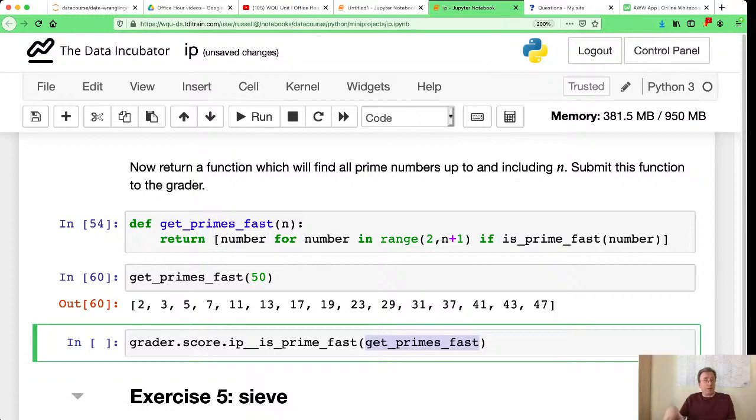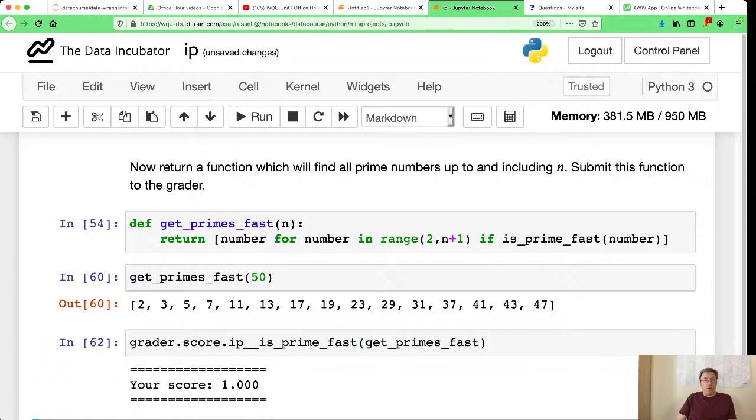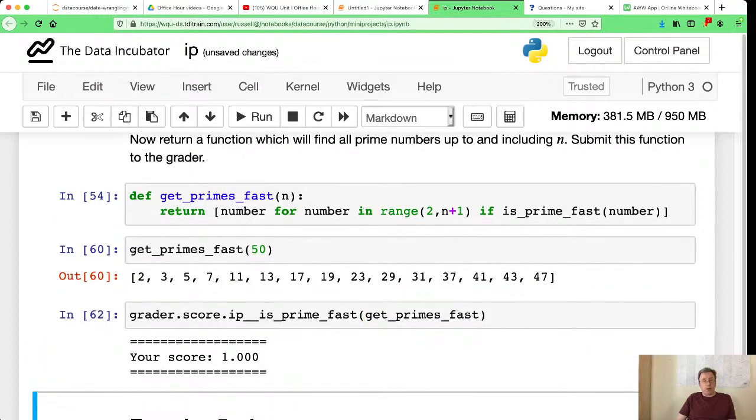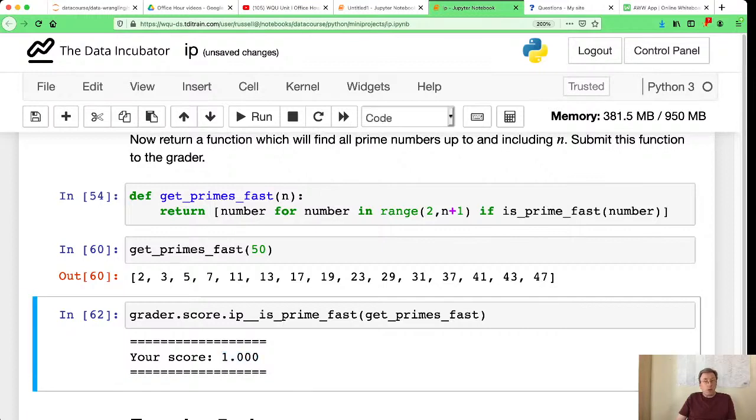I don't remember what the test cases are, right? But this runs the function on some test cases. And if I get all the test cases correct, well, we get a score of 1. If we have some of our test cases wrong, well, we'll get a score less than 1.